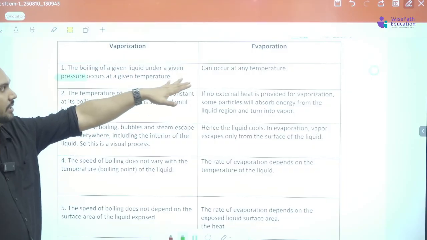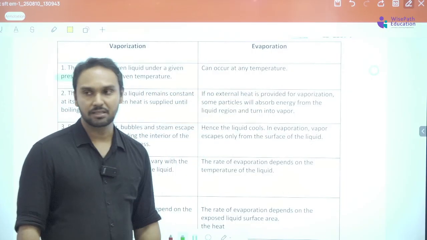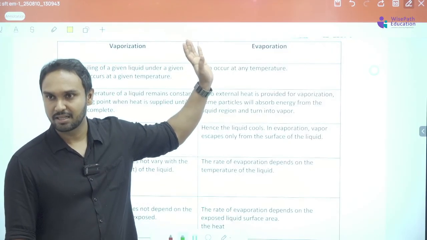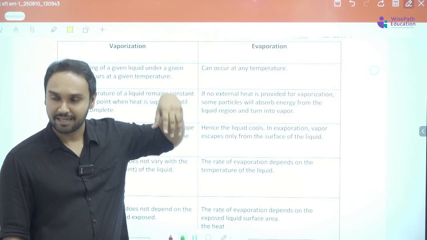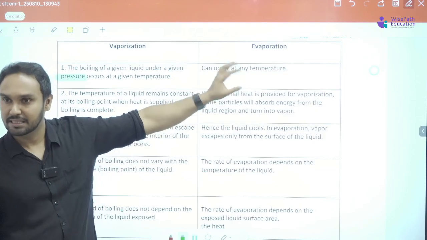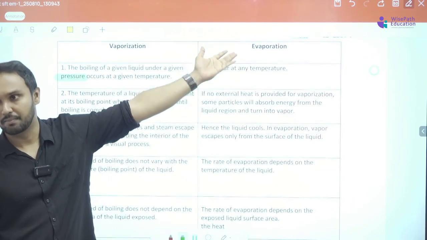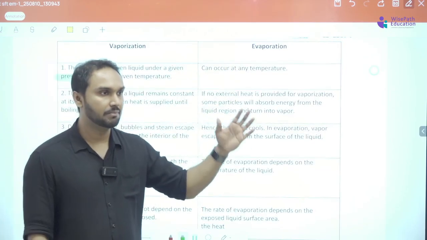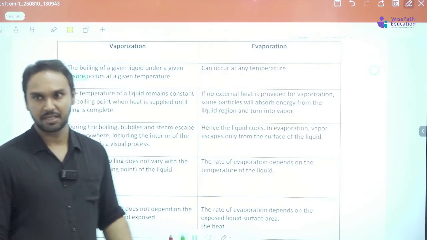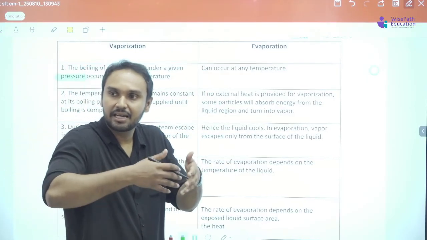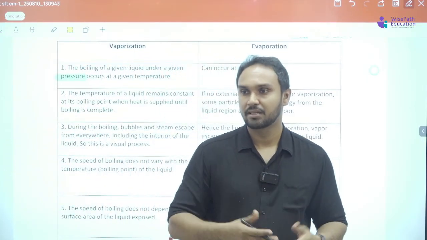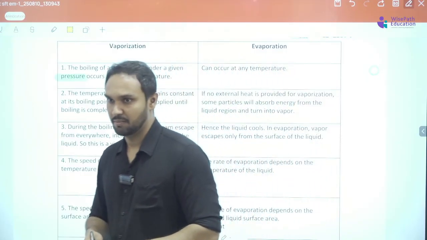But evaporation is not like that. It gets affected by the temperature, but doesn't have a certain temperature to escape. It happens at every temperature, because it takes the internal energy and goes by itself. So it can happen at any temperature.